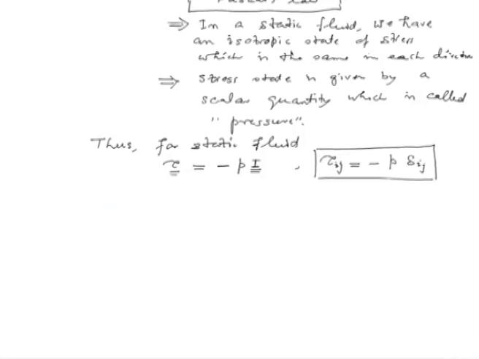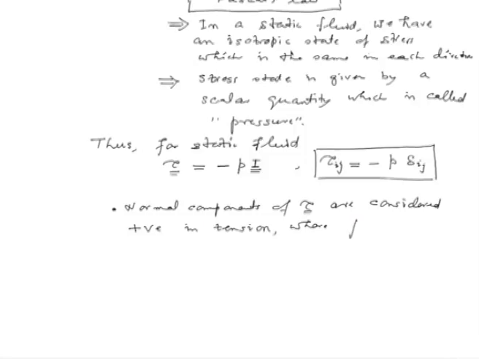The normal components of tau are considered positive in tension, whereas pressure p is considered positive in compression.